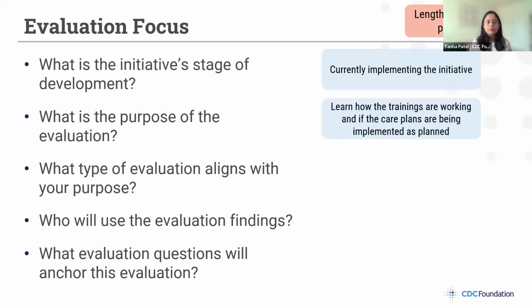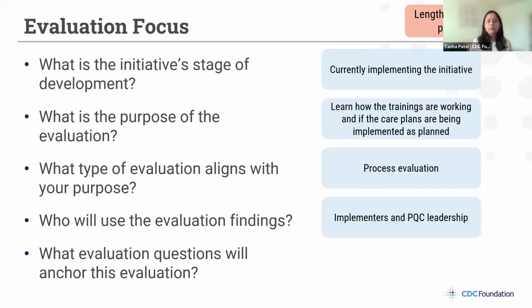The purpose of our evaluation is to learn how the trainings are working and if the care plans are being implemented as planned, which means that we'll be doing a process evaluation. The evaluation findings will primarily be used by the implementers themselves, who may learn how to improve their implementation of the initiative. And the PQC leadership is also going to be using the information to make decisions around the maintenance and funding for the initiative.